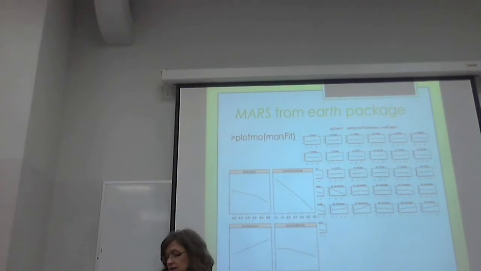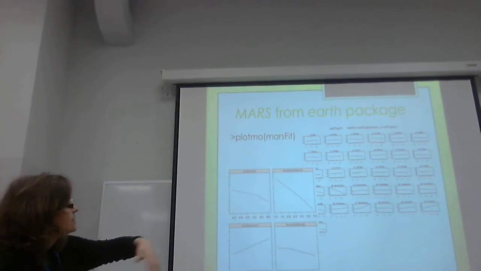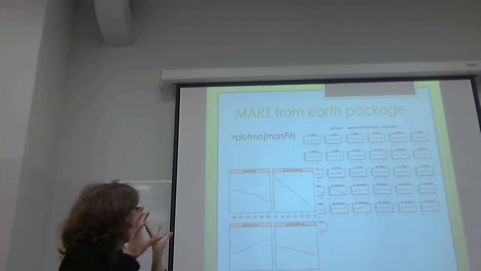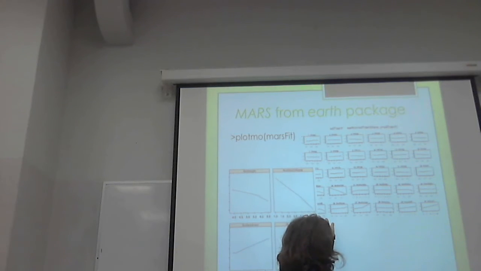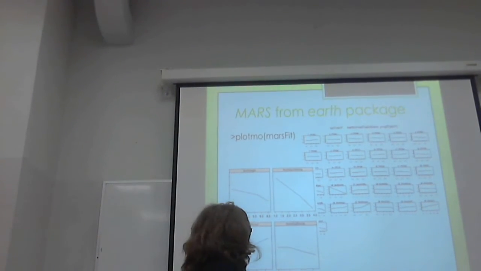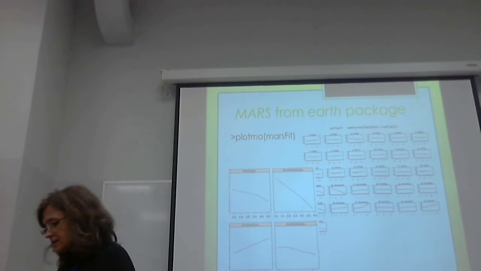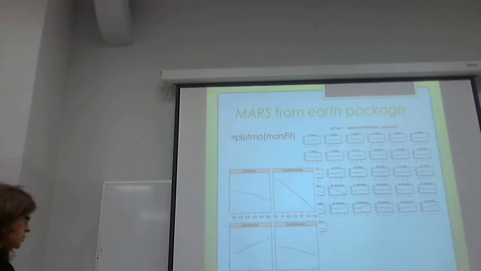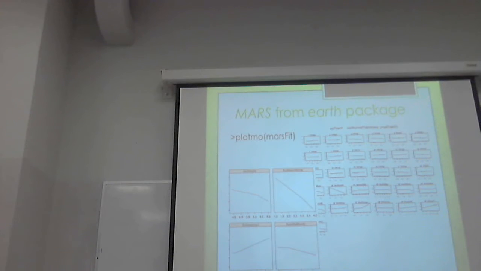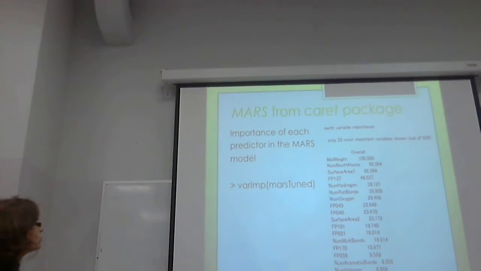At the end, you have these piecewise linear relations for all the predictors included, but not all are included. It's only a subset of predictors, because we have 228 and only 38 predictors were chosen. And there is an algorithm for how to choose which ones. And then you can rank them as important with the variable importance function.